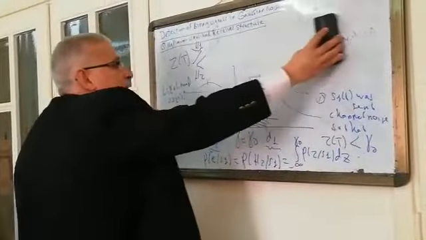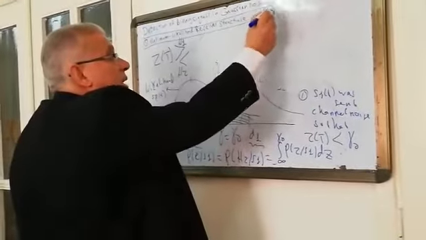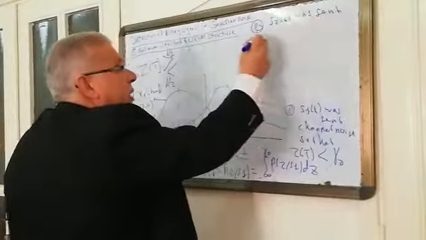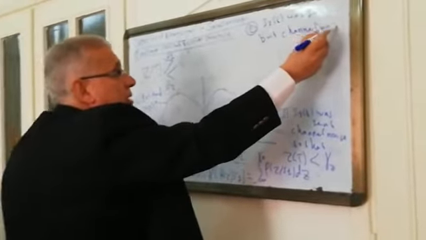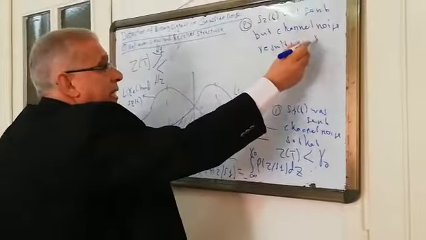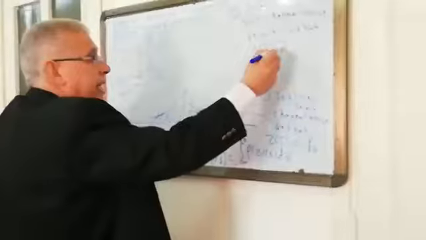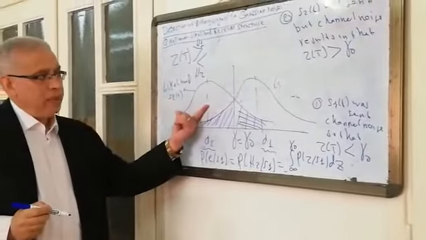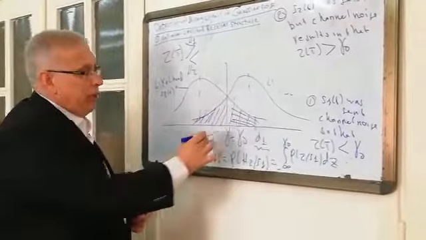S2 was sent, S2 was transmitted. Second type of error: S2 was sent, but again channel noise results in Z(t) being greater than the threshold. S2 has been transmitted, but the channel noise affects it so that the output will be more than the threshold.